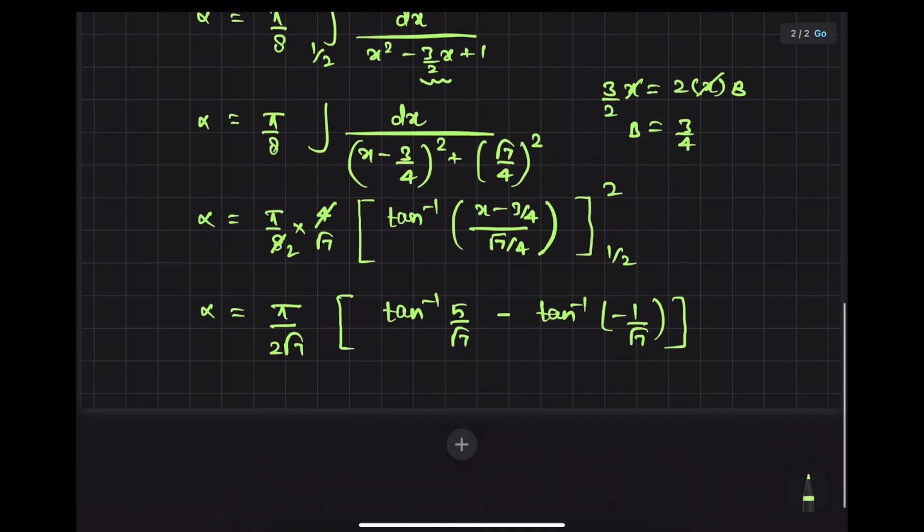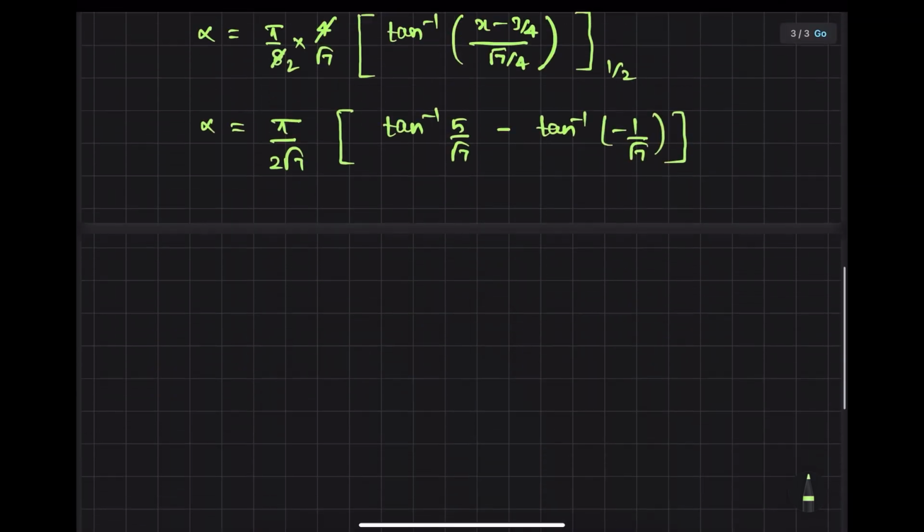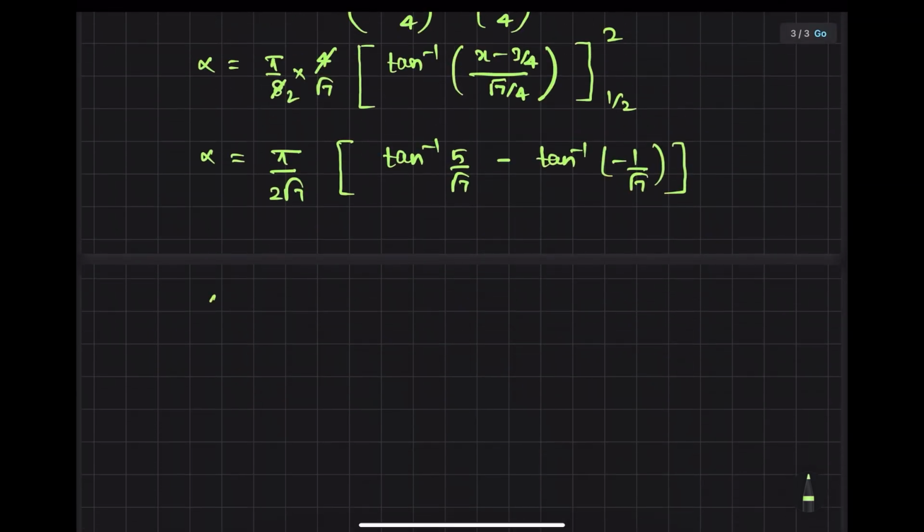So this is what we got. Now do a little bit more simplification. So alpha equals pi by 2 root 7. Now you know that tan inverse minus theta is minus of tan inverse theta, because tan inverse theta is an odd function. Okay, so we can take this minus outside, it will become plus.